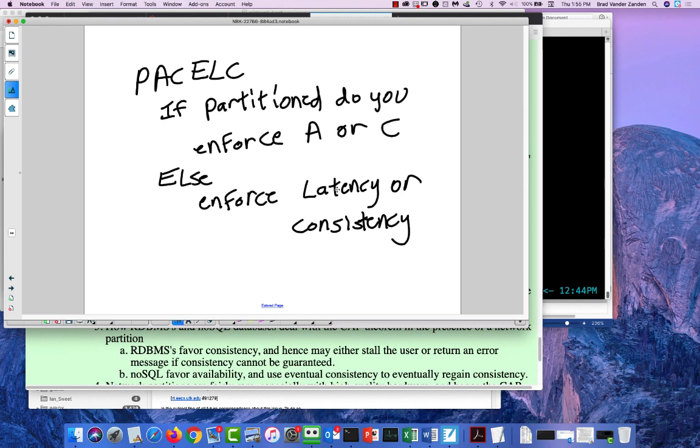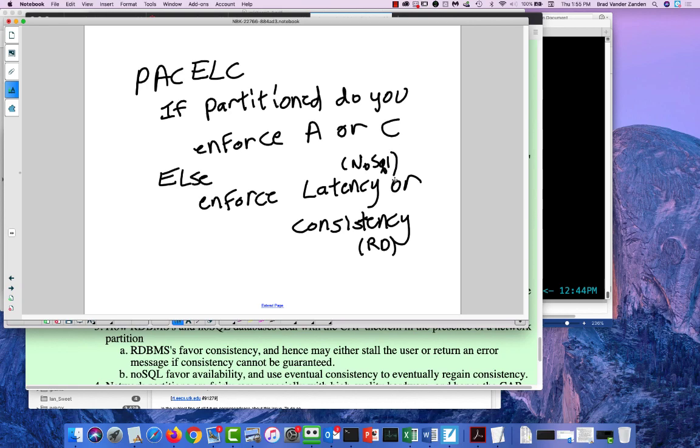Whereas most NoSQL systems will instead choose to enforce latency. They will continue to provide results knowing that they will eventually converge to consistency. So relational databases will enforce consistency. Many NoSQL systems will opt for latency.